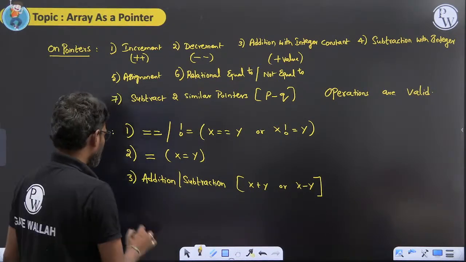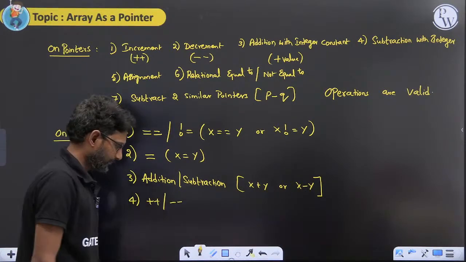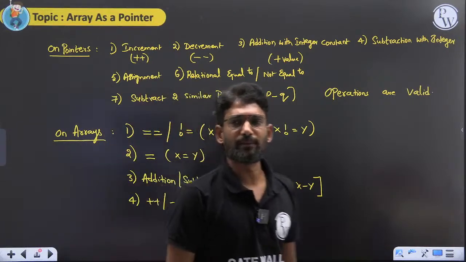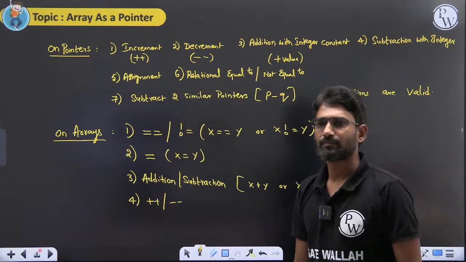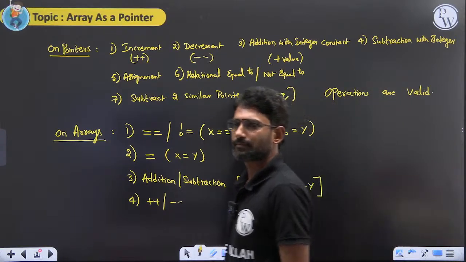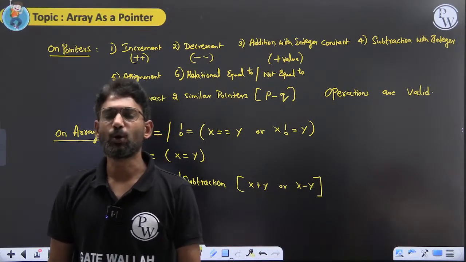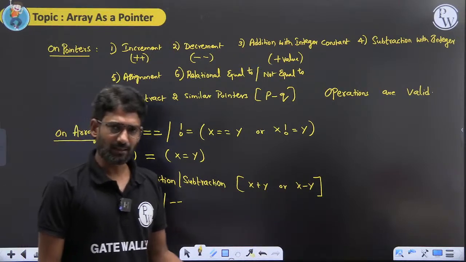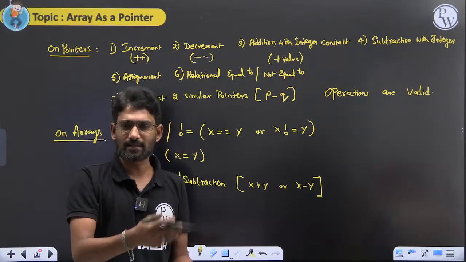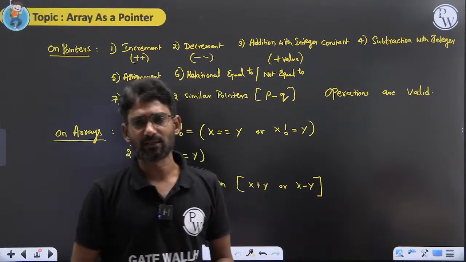Right, and will I be able to perform increment or decrement? No, because increment means you are adding and storing in the same. x is equal to x plus 1, y equal to y minus 1.